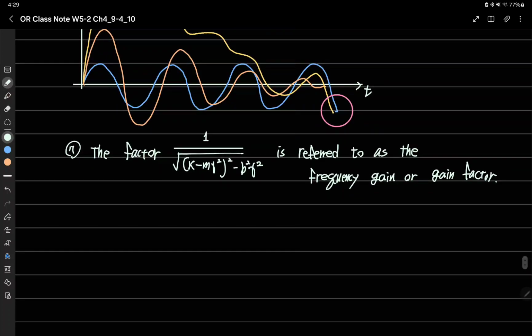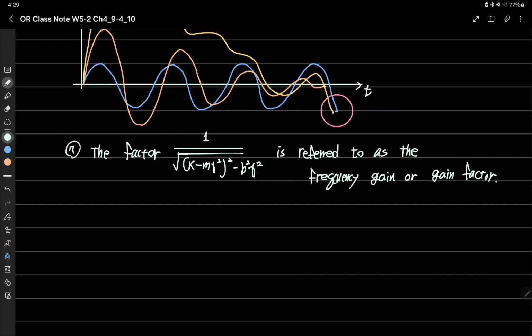So this gain factor depends on what? The frequency gamma. K, M, and B are the parameters of the differential equation, so they are given and fixed. But we are going to adjust the frequency of the external force, gamma, to understand the resonance.